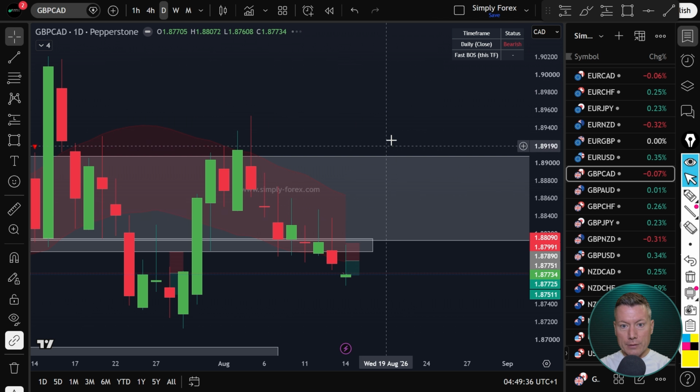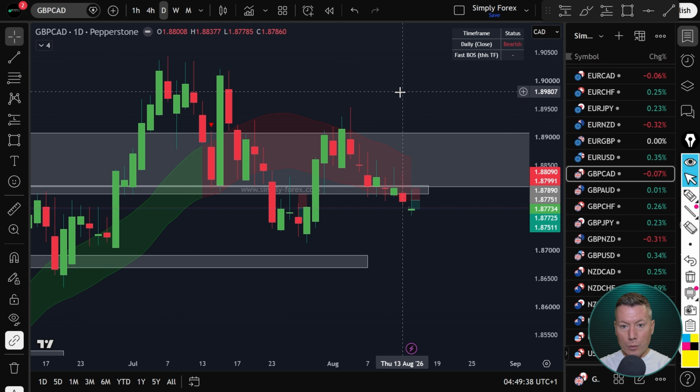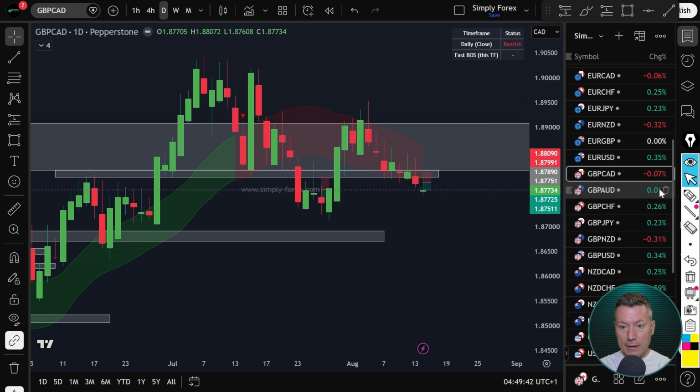Now, if we drop down to the daily, we've had bearish candles at a resistance level, and the daily for me broke a real key level, and it's this level running through here, right? It's been resistance, support, resistance, support, and it proved to be good support again until this candle broke it.